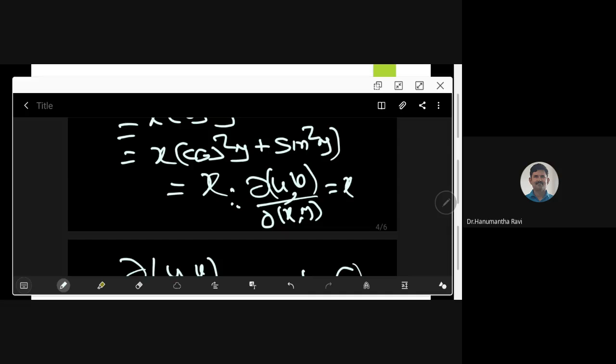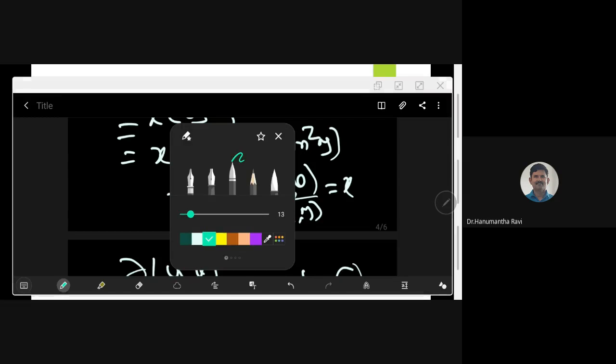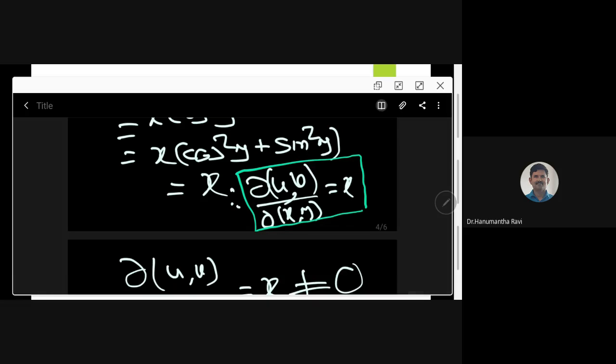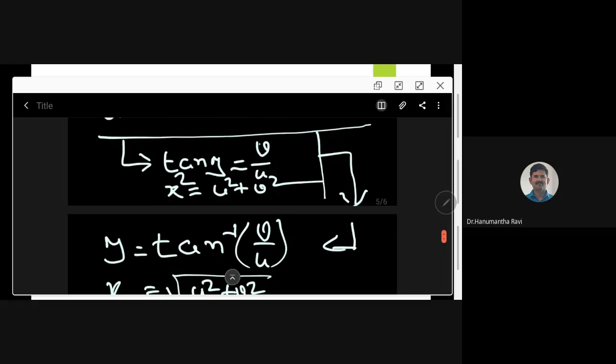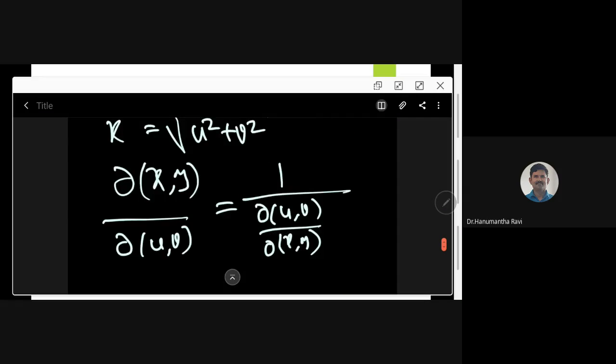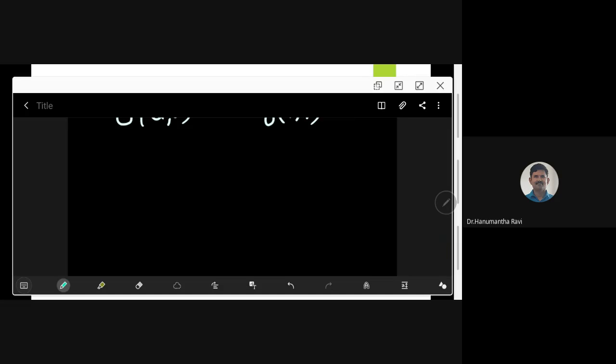This is an important observation here. From this, it follows that u and v are functionally independent. Now, because we are able to express x and y also in terms of u and v explicitly, we can in fact write this as 1 by x.